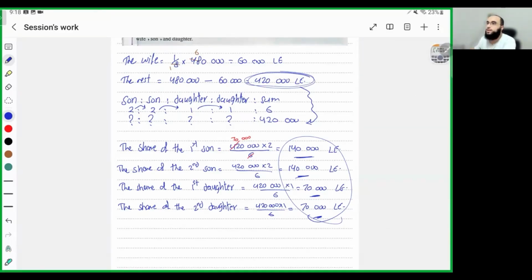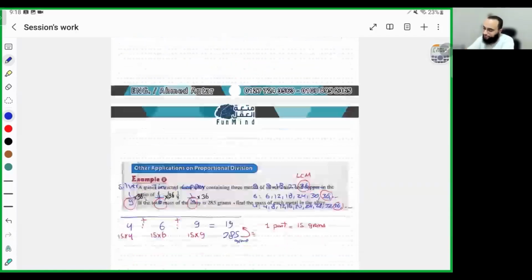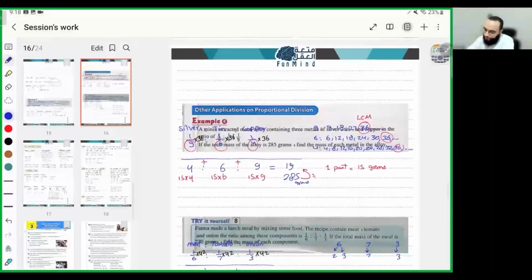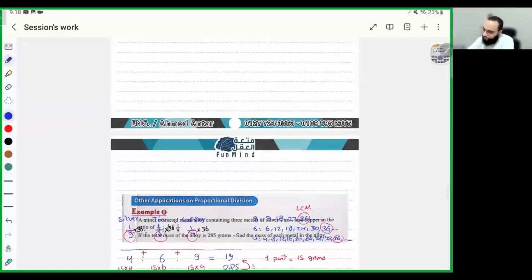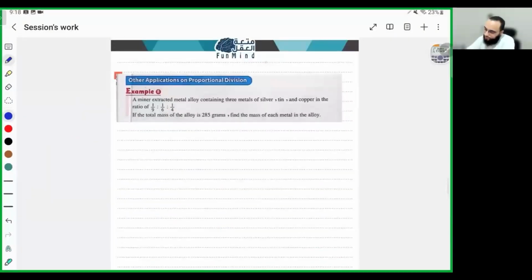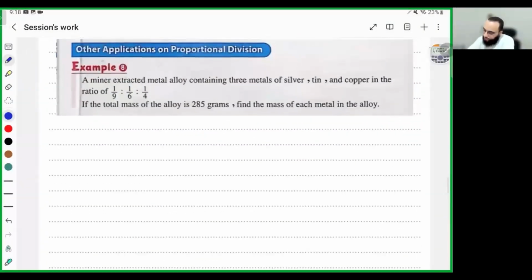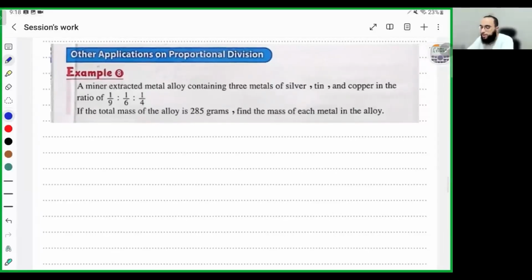In the next one, ya Ahmed, ya Shawqi. Mr. Anthony, a miner, extracted a metal alloy containing three metals.